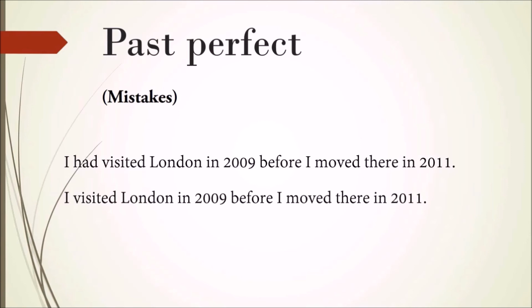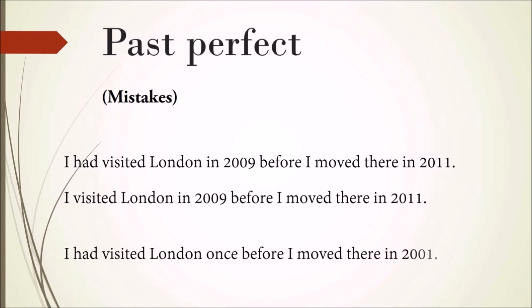I can use past perfect with the action which happened first, or I can use them both in simple past because I'm using here before explaining which action happened first. Now, if I don't have here 2009, I don't have time expression. In this occasion, I can't use simple past. I need to use just past perfect.